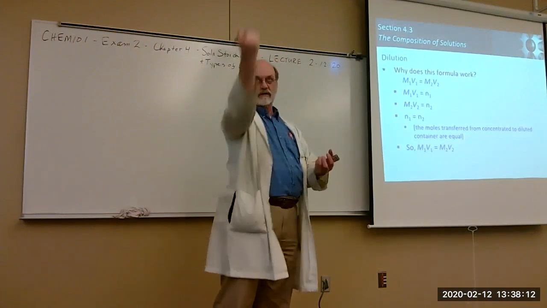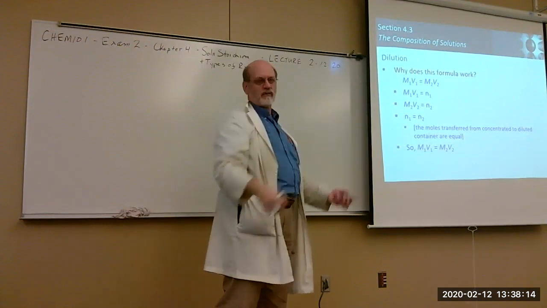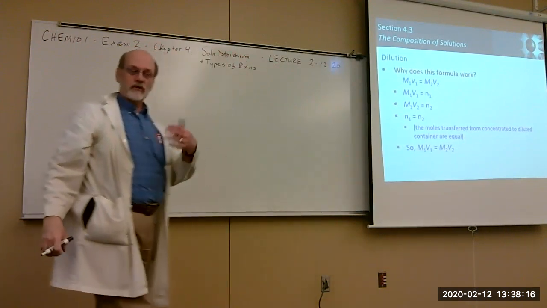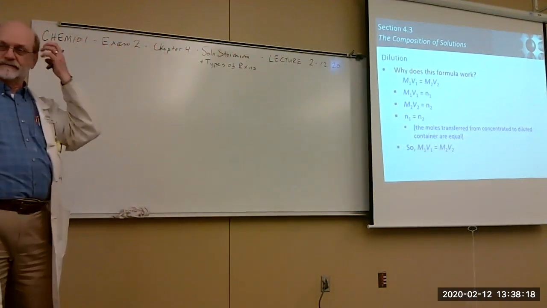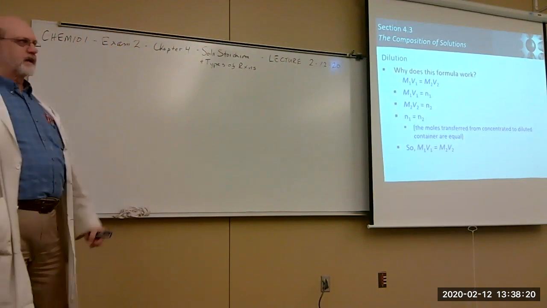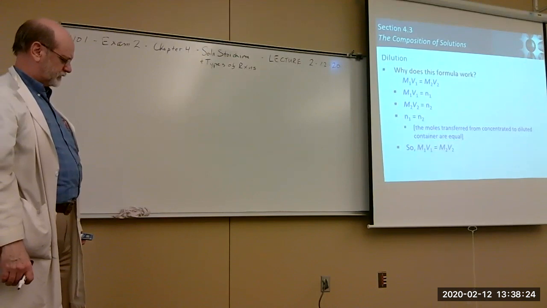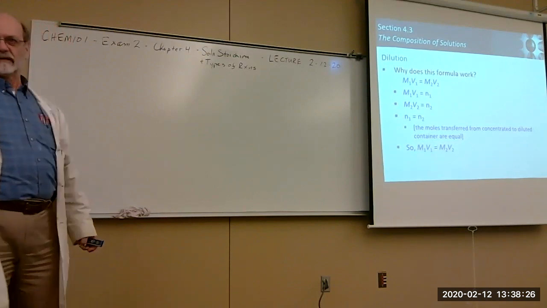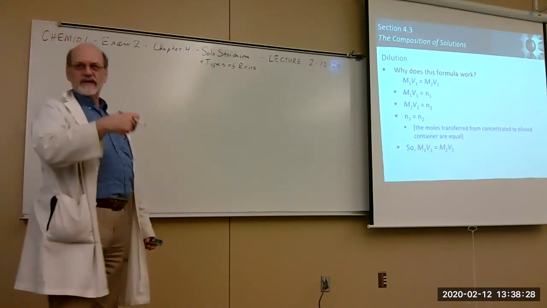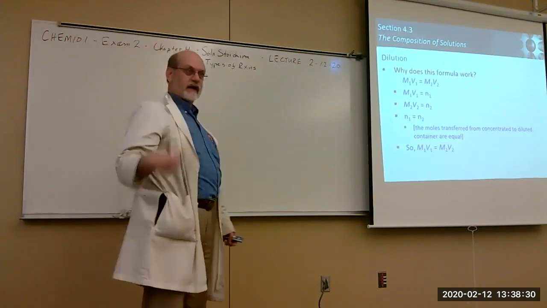Whether it's here, take out, put it over here, same number of moles. So that's why M1V1 equals M2V2. That's this, what's that called? The transitive property. A is equal to B, and B is equal to C, then A is equal to C.